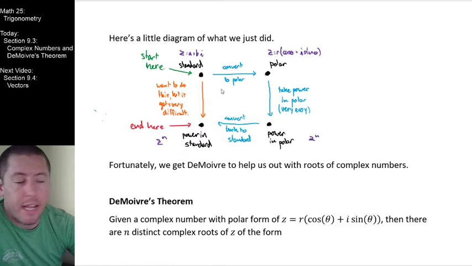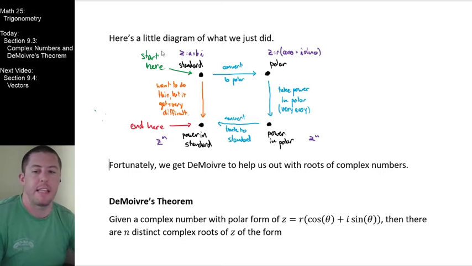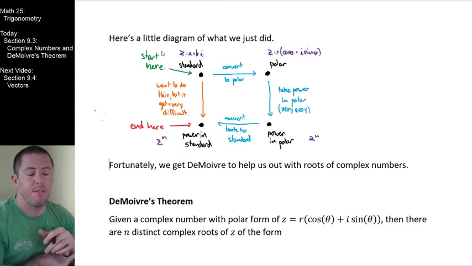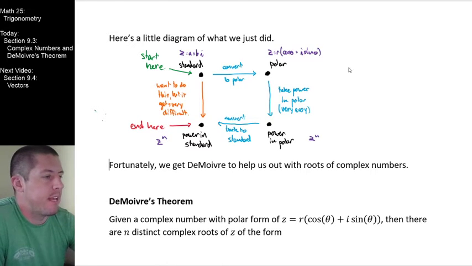And all 3 of these steps collectively often end up being much, much simpler than attempting to directly take that power if we're just hanging out in standard form, all right? So the blue path is easier than the orange path, even though it's 3 steps. That's my conclusion here.